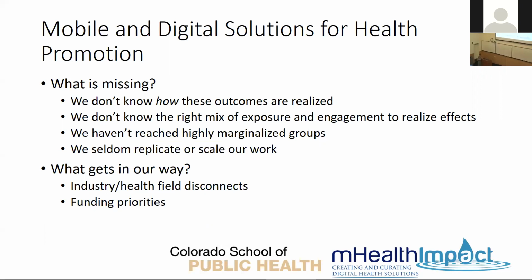Was it because they used this element of your widget? Was it because they engaged with your text message? Was it because they played the game? We don't really know the process, the pathway about how those outcomes are realized. So it's kind of like a black box.